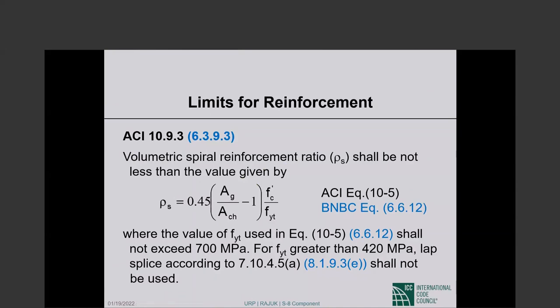A sub CH is the core concrete, the area confined by the reinforcement. A sub CH has a very specific definition. Please look that up. I won't spend that time. So go to chapter 2 of ACI 318-08. I don't remember without checking where the notation is in BNBC 2020.